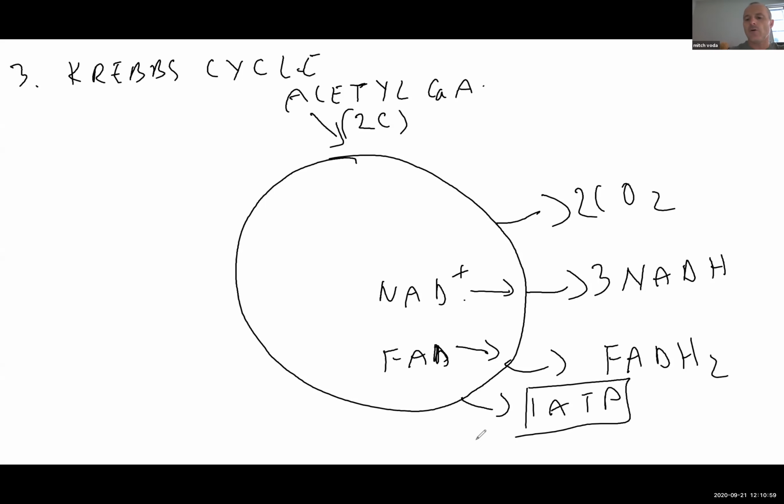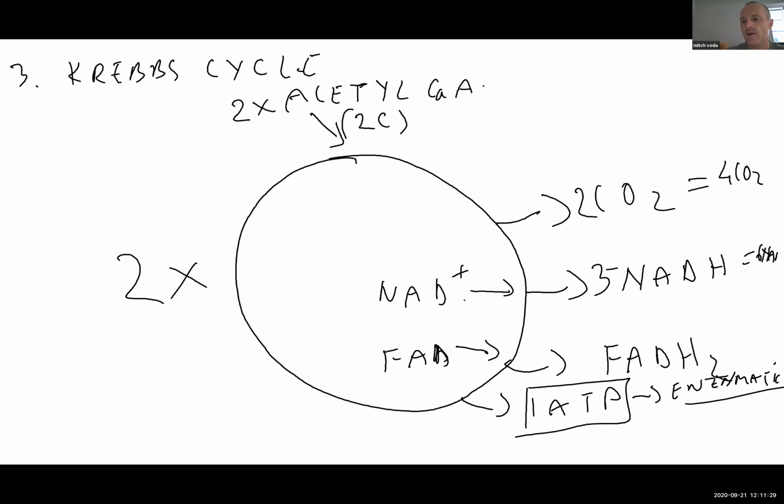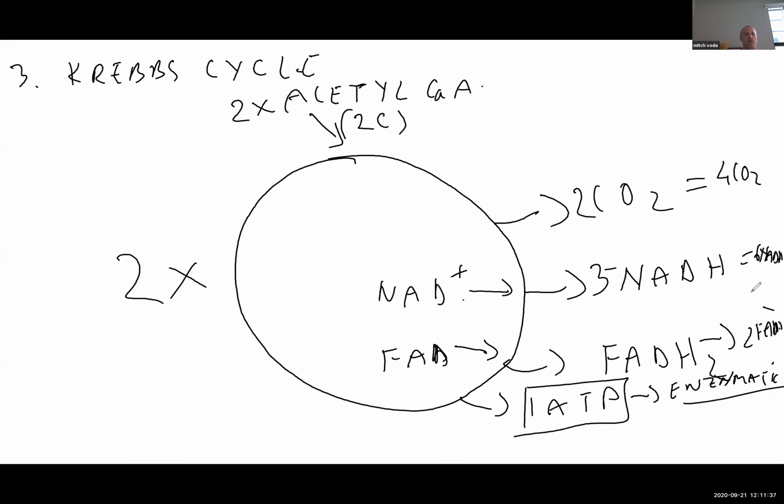Now this ATP is produced enzymatically, through the same step as in glycolysis, which was substrate level phosphorylation. Since the Krebs cycle starts with acetyl-CoA, this whole step will happen twice. So the final product here is what? 4 carbon dioxide, 6 NADH, and 2 FADH2.